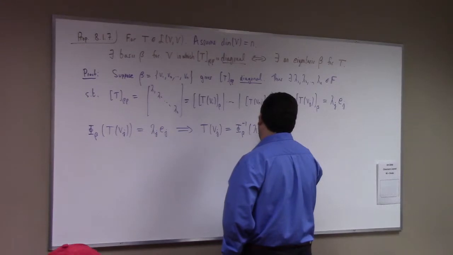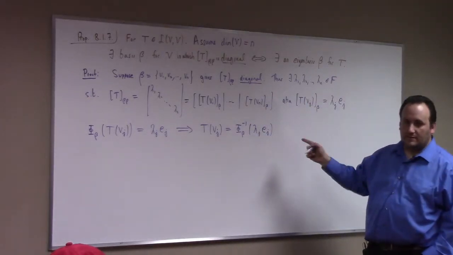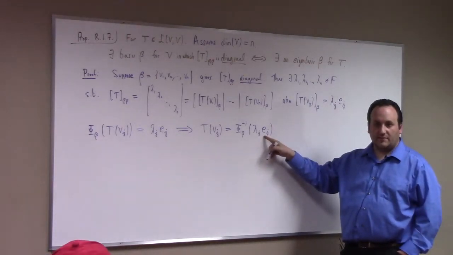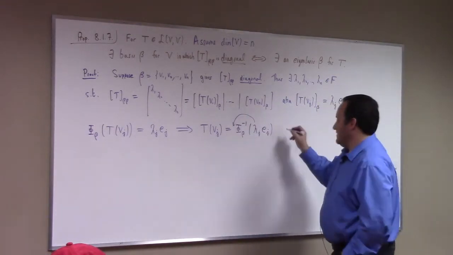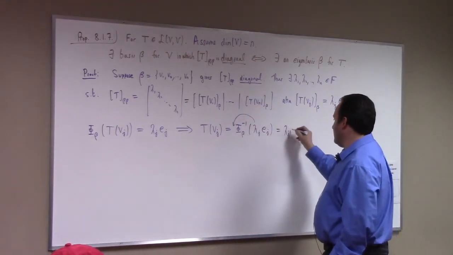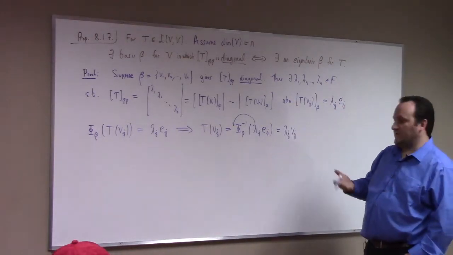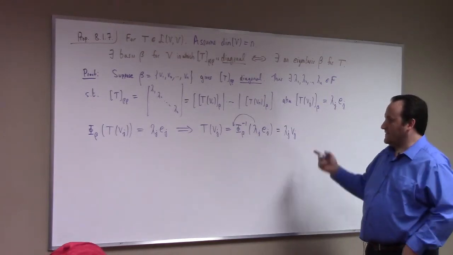What did I tell you guys about the inverse coordinate map? It's a machine that changes the standard basis back into the abstract basis that we're considering, right? We can pull the constant out, and so what we get is lambda j vj. See, because the inverse image under the coordinate map of ej is vj. But what does that say?